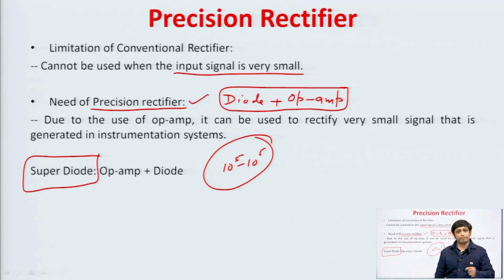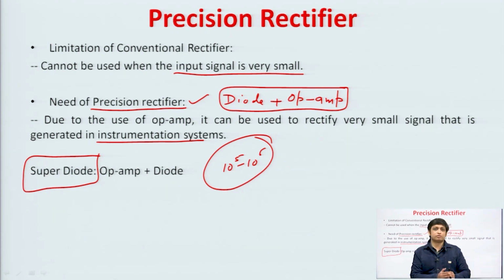Since the gain of the op amp is very high, it can process the very small magnitude signal generated in the instrumentation system. That is the reason why this precision rectifier is especially used in instrumentation systems, because of the use of the op amp, whose gain is very high.